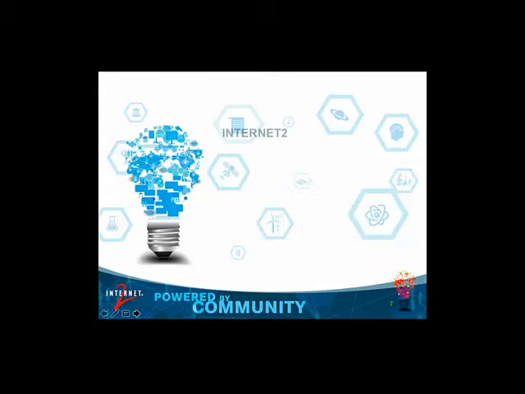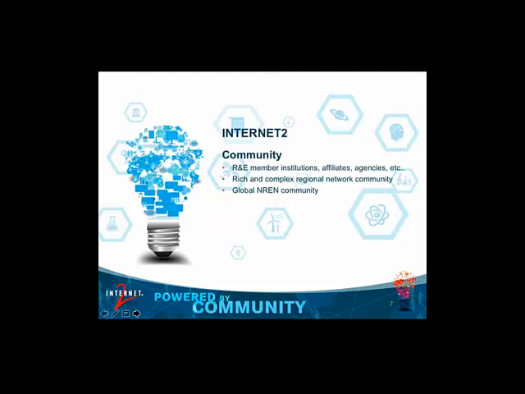Internet2 is also a broader community than the higher education institutions. We represent, of course, our research and education member institutions, but we also have affiliates, government agencies, and connect with our global NREN partners around the world, as well as regional networks in the United States.